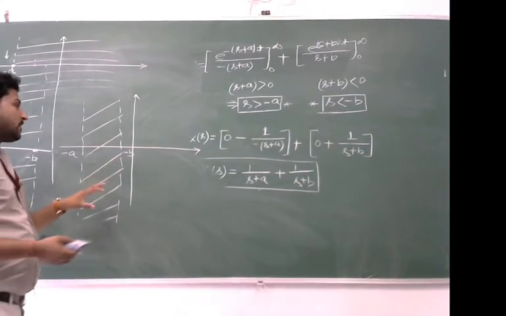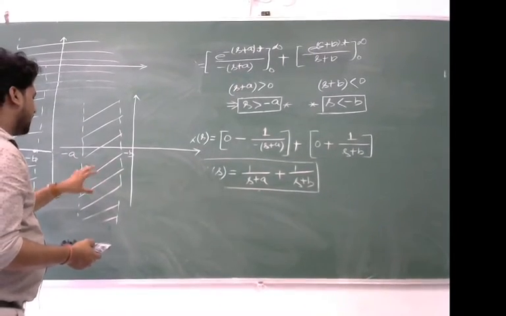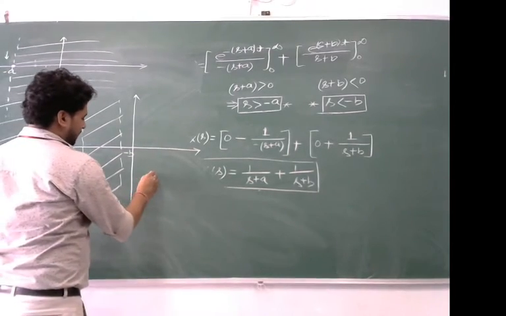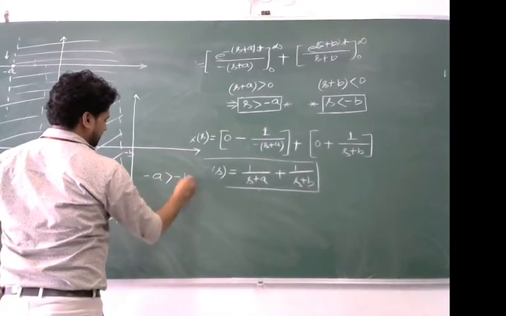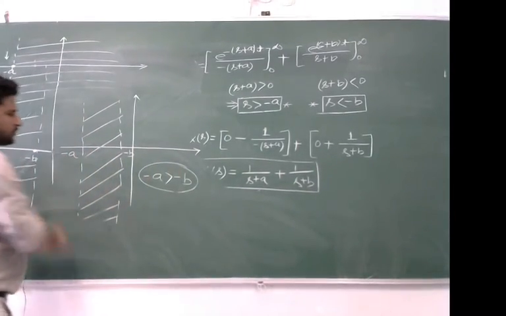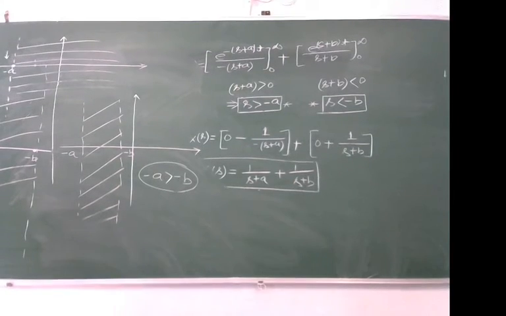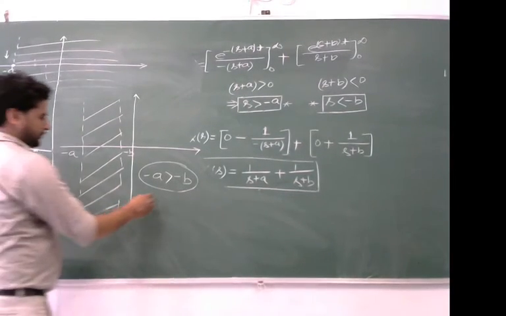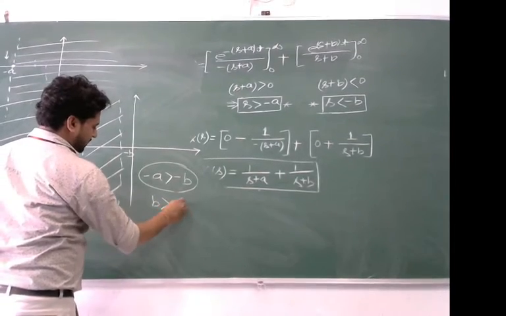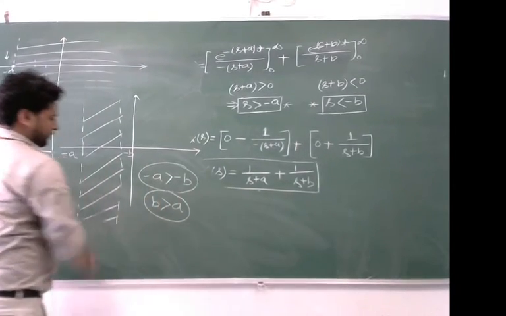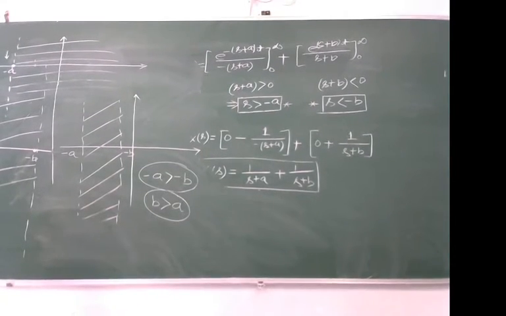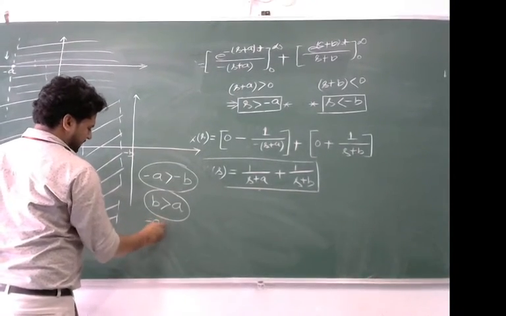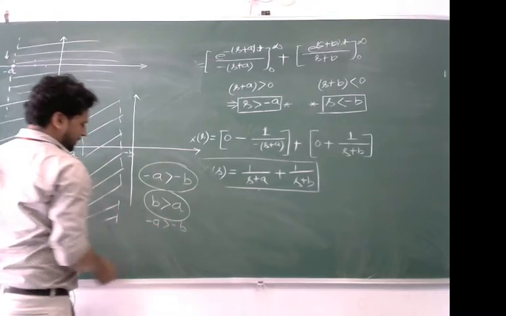Also, the Laplace transform of the given system will exist only when the values of a and b follow this relation: minus a should be greater than minus b, or we can say that b should be greater than a. If b is greater than a, then obviously minus a will be greater than minus b.